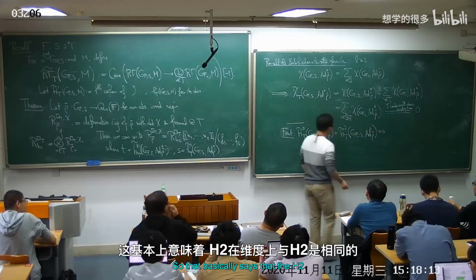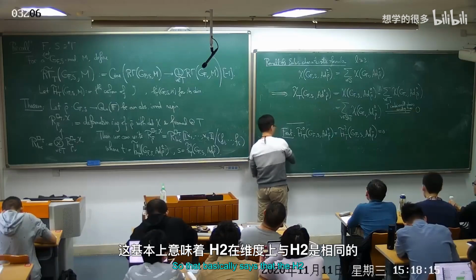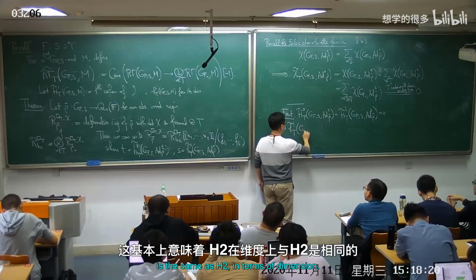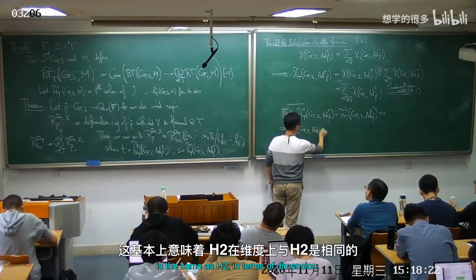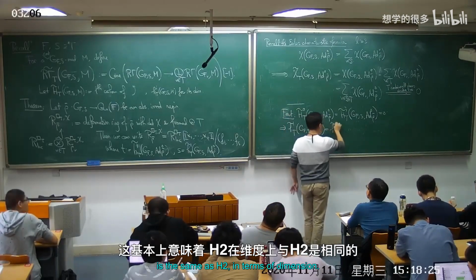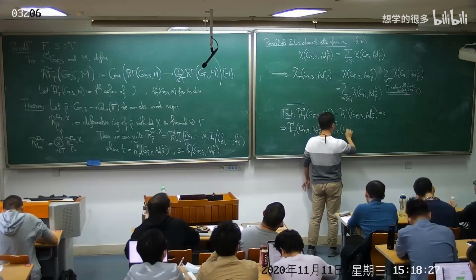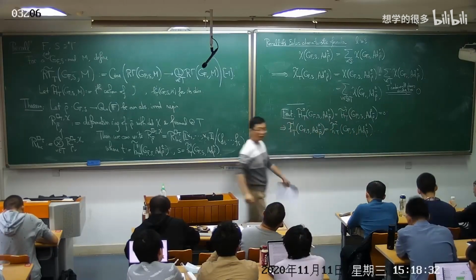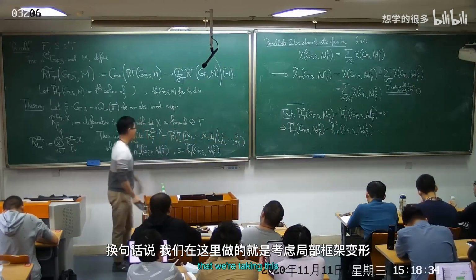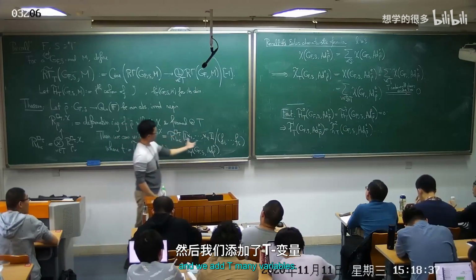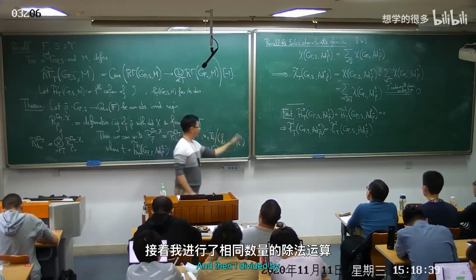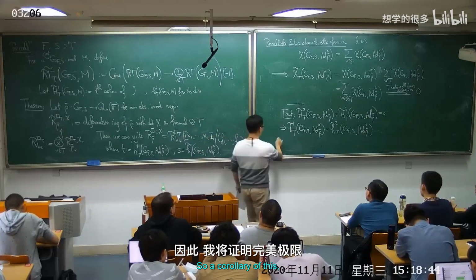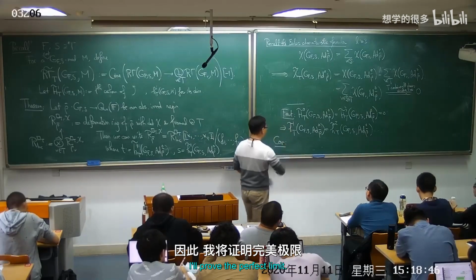That basically says that H^2 is the same as H^1 in terms of dimension. So what we're doing here is taking this local framed deformation, adding T many variables, and then dividing by the same number of relations.